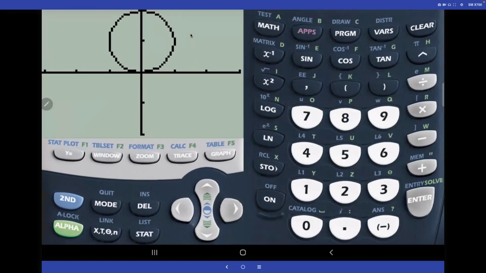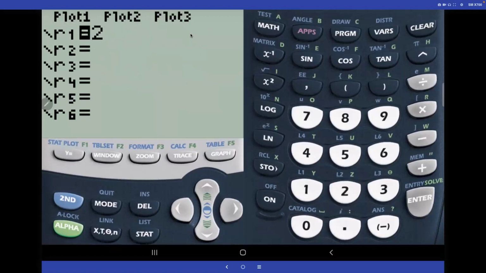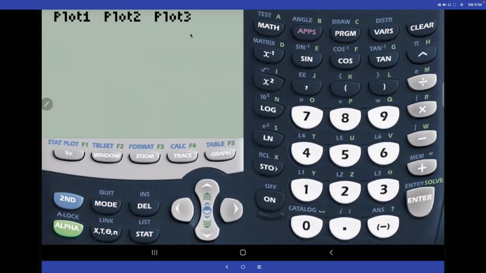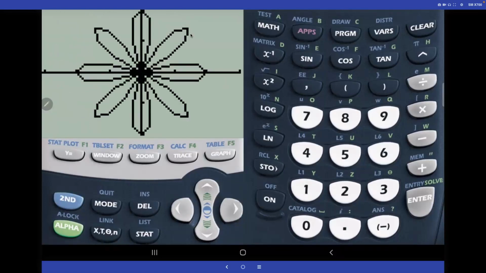So it was 2 cosine 3 theta. There's a whole lot more going on than just those 2 points that we found. So this is a rose. And you can play around with it. If I go back here and I put in 4 theta.